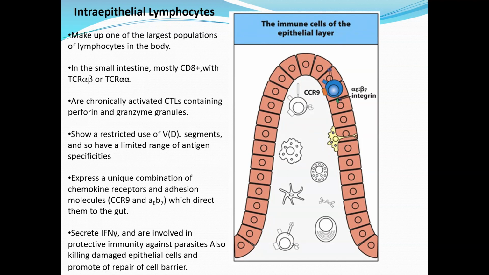But they can also kill these infected cells through Fas ligand interaction. But another feature of these cells is that once they've killed these cells, they can also produce cytokines which replace or induce a new epithelial cell to maintain that barrier.